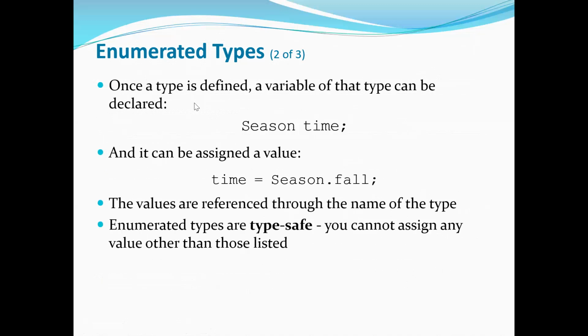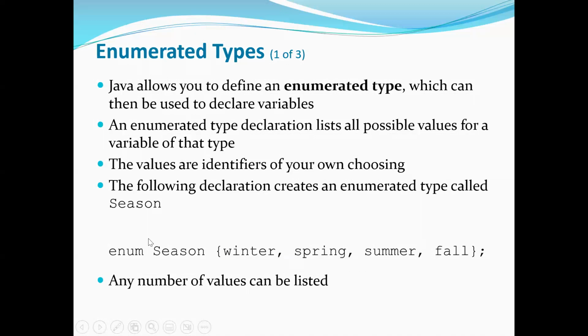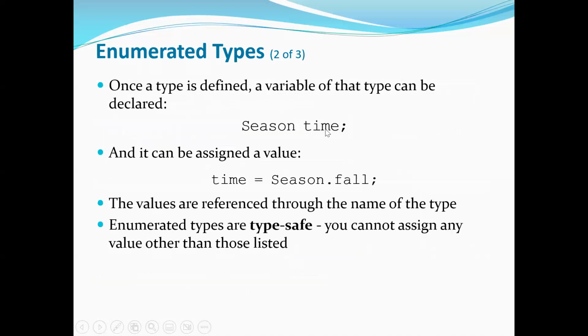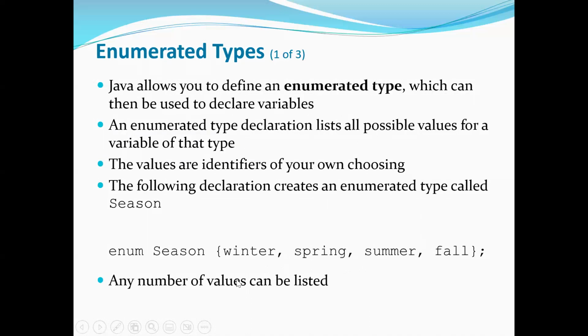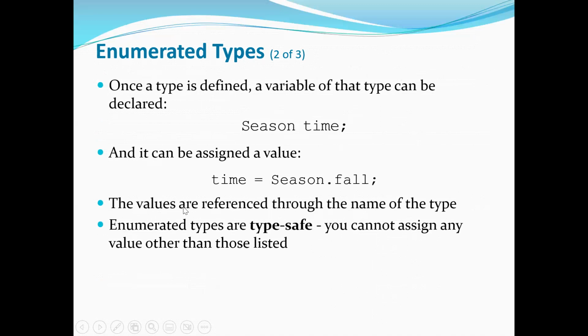So once we created the enum type here named season, now we can declare our variable. So here time is a variable, and the data type of the variable time is season, which means for this variable time, I can only assign these 4 different words. I cannot assign anything else except these 4 words. So here we say the values are references to the name of the type.